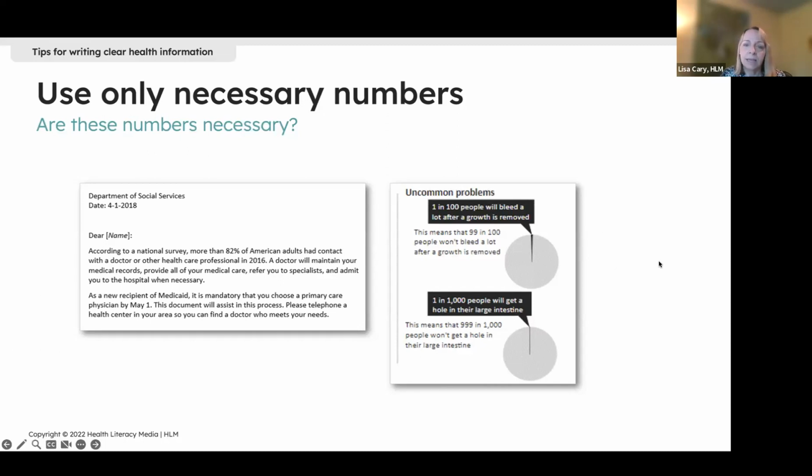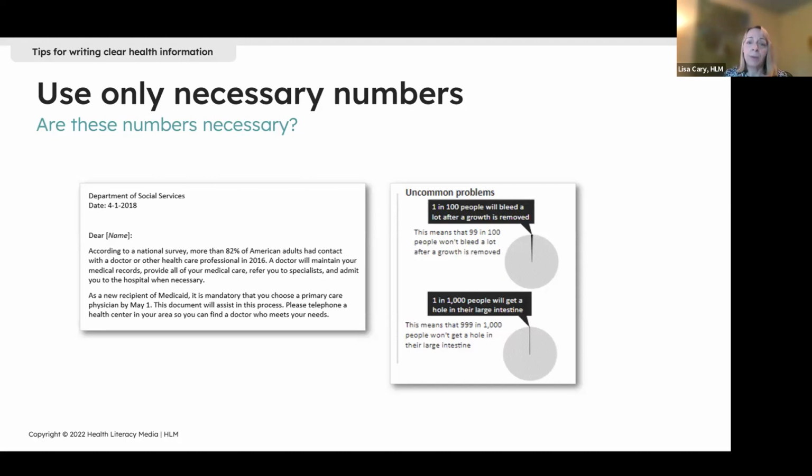So let's look at the second example. This is a section from an informed consent form, and it's telling people who are thinking about getting a procedure how many people, 1 in 100 people, will bleed a lot after a growth is removed. And then 1 in 1,000 people will get a hole in their large intestine.